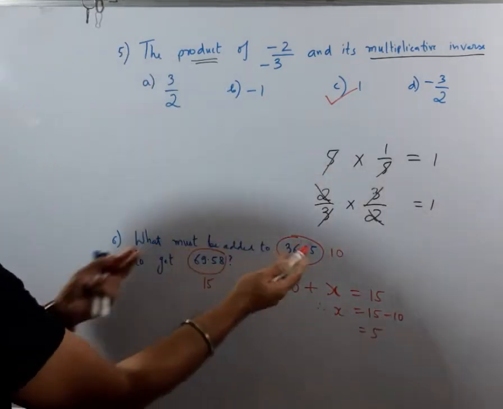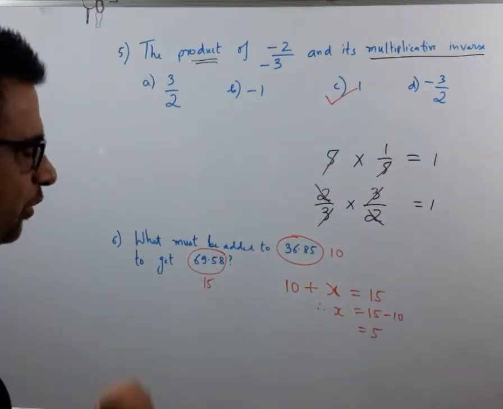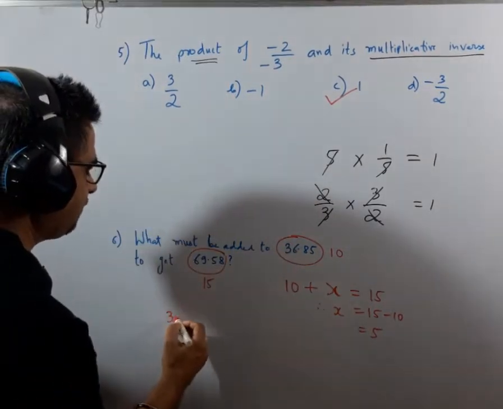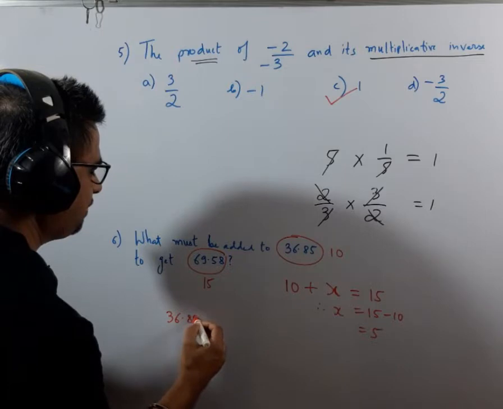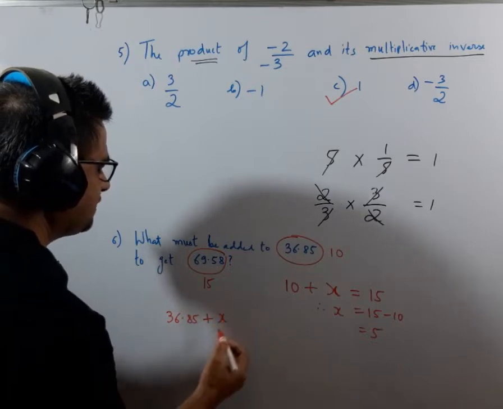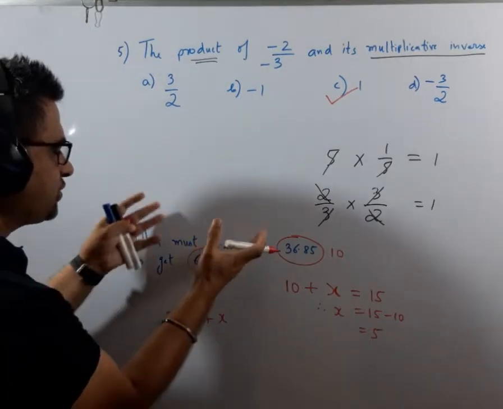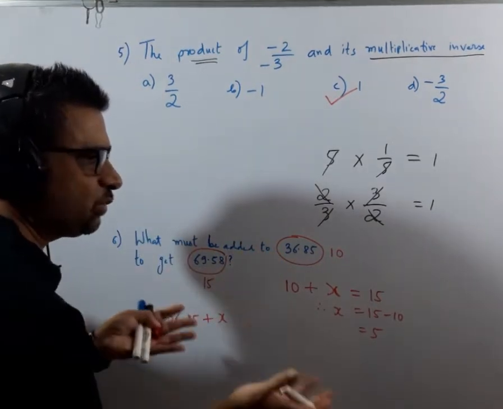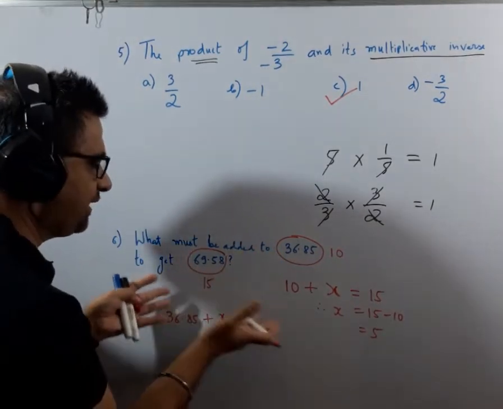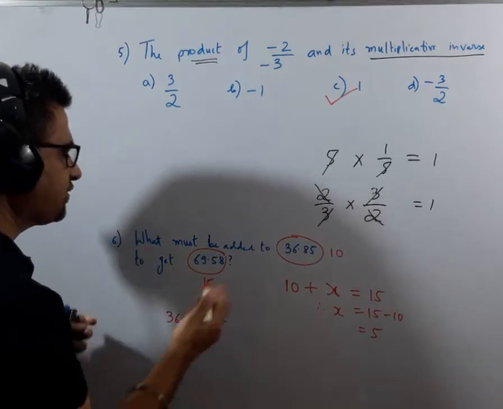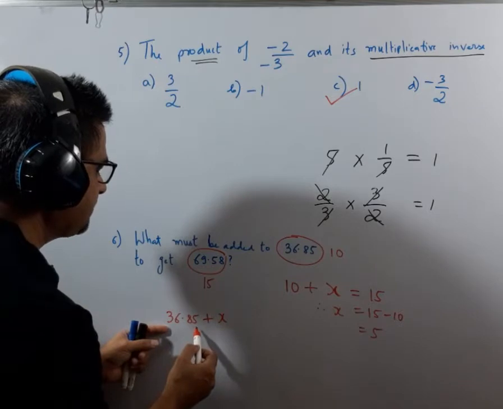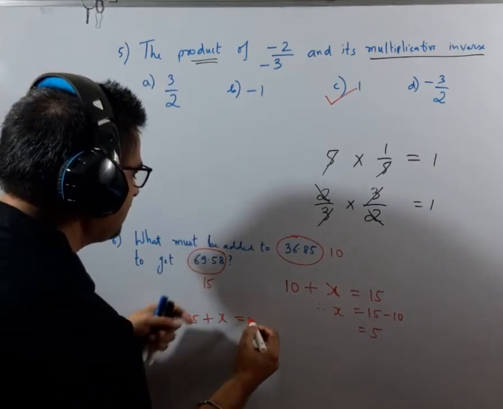Now try the same operations with the original numbers. What must be added to 36.85? 36.85 plus x. So essentially we are translating this English question to mathematics. That's what we are doing by writing it using operators and the equals sign.